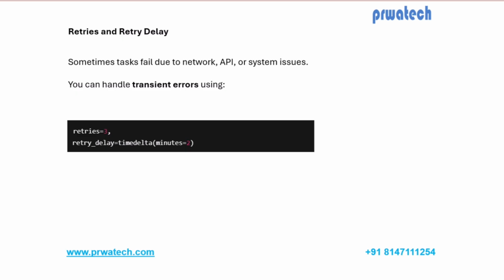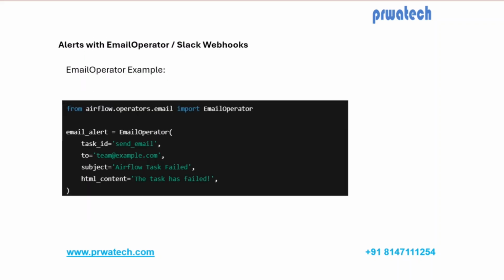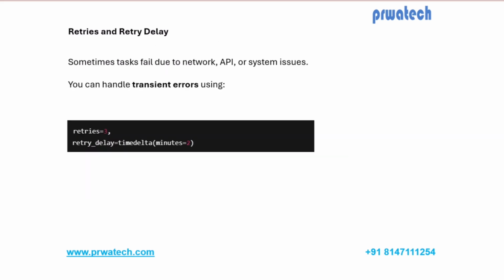Airflow allows you to retry a task automatically before declaring failure. You can handle transient errors using retries equals 3 and retry delay equals 2 minutes. Retries and retry delays are the key parameters.